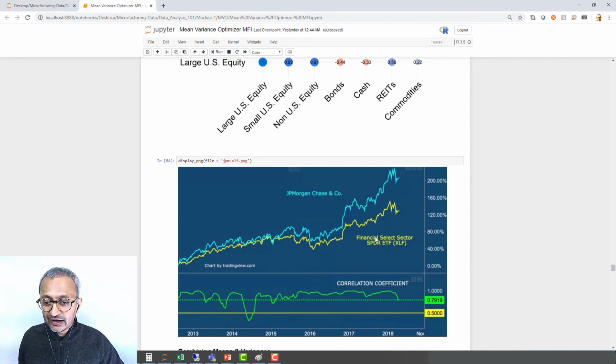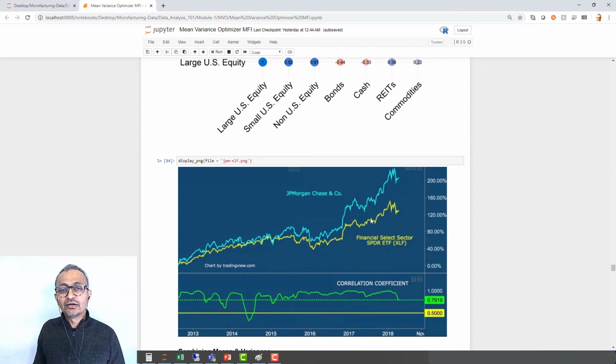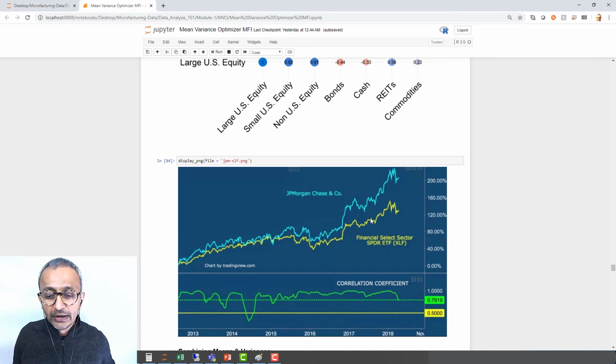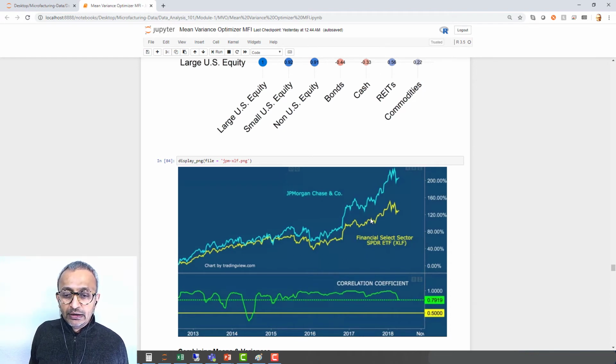So this is XLF, again dealing with financial data. It's very easy to explain some of these concepts when you're dealing with something you can relate to, at least with the data set we're dealing with. XLF is a financial sector ETF.